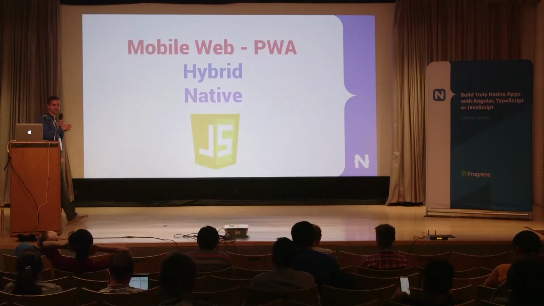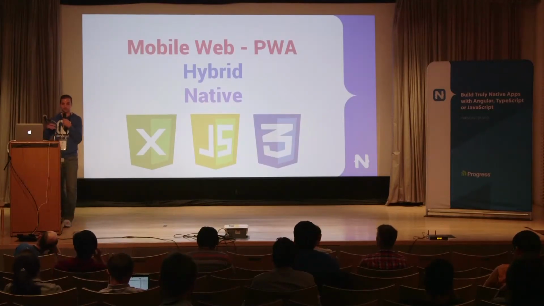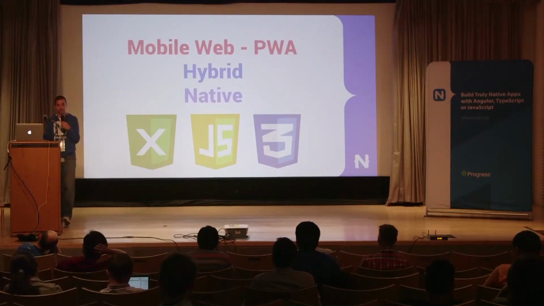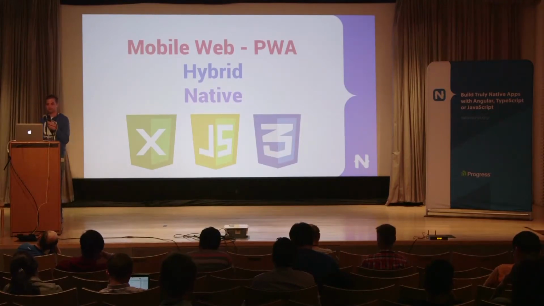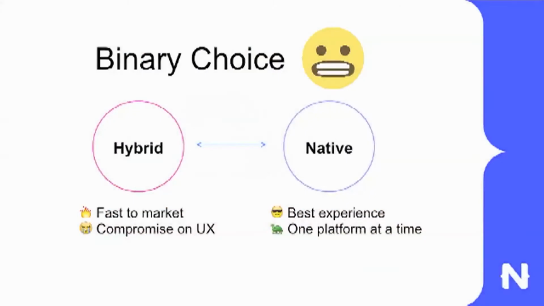Now, the cool thing is if we take out those first-generation cross-platform solutions, today we have solutions that are all based on the web, right? Mobile web, hybrid, and now native, that are all based on web technology. But really, if you're developing a mobile app with raw web skills, we kind of think we have a binary choice today, right?